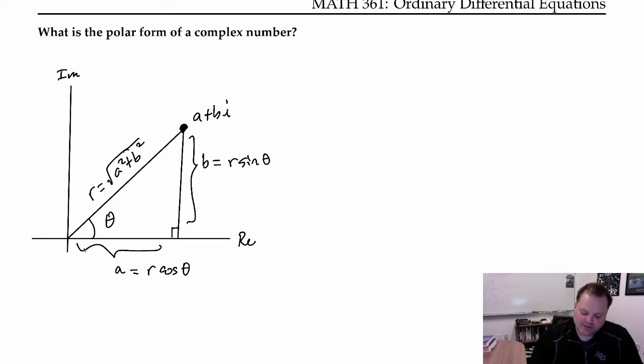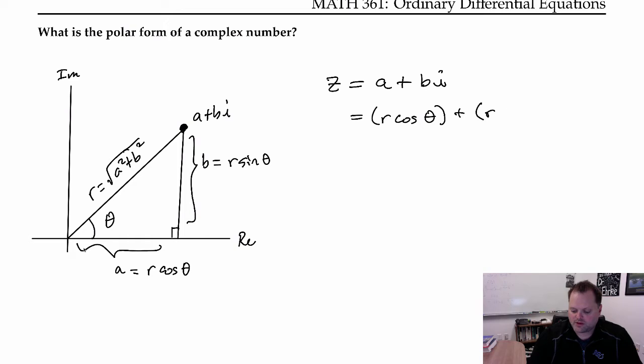What this tells us is a way to think about complex numbers slightly differently. For example, if I said that z is a plus bi and I wanted to convert this to r and theta, you can see that a is r cosine theta, b is r sine theta. If we factor out the r, which is the modulus, you've got cosine theta plus I sine theta.